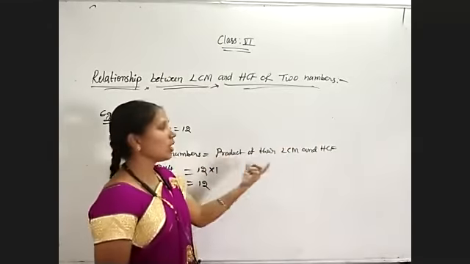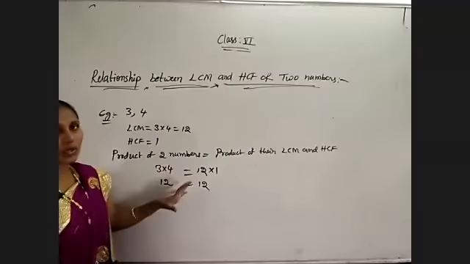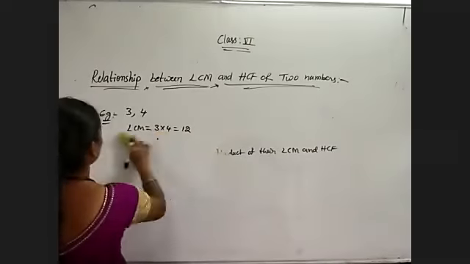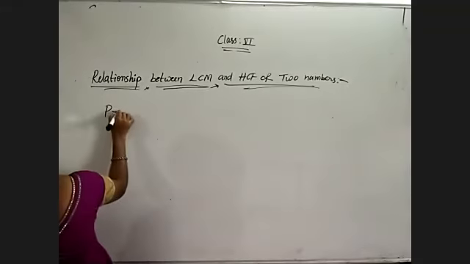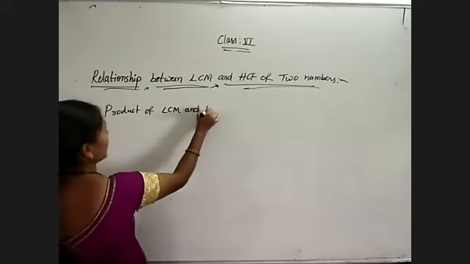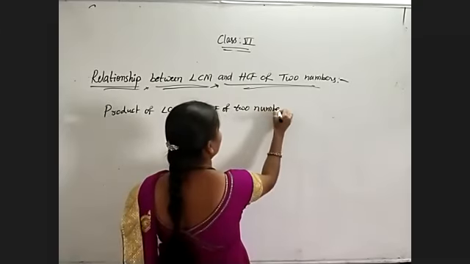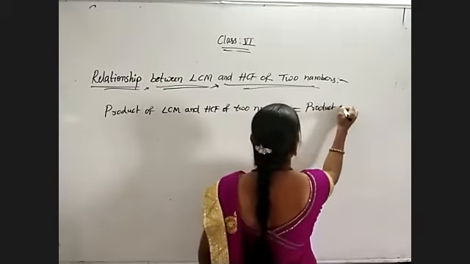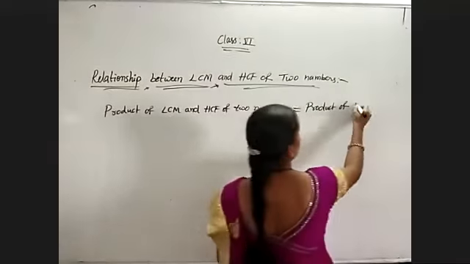Otherwise, like this also you can write. Product of LCM and HCF of two numbers is equal to product of those two numbers. Okay. So here take the relation formula: product of LCM and HCF of two numbers is equal to the product of those two numbers.